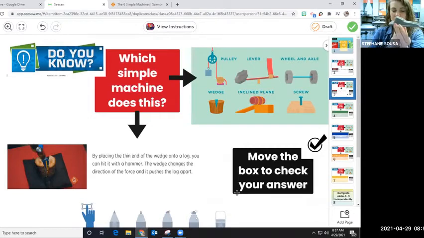Those are also wedges. So they can also hold things in place. Any questions about wedges?